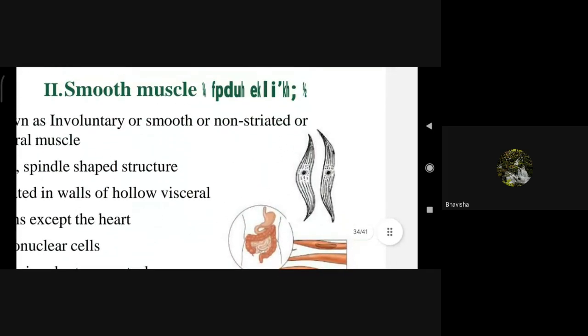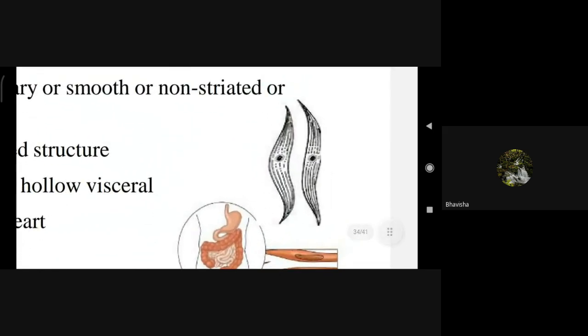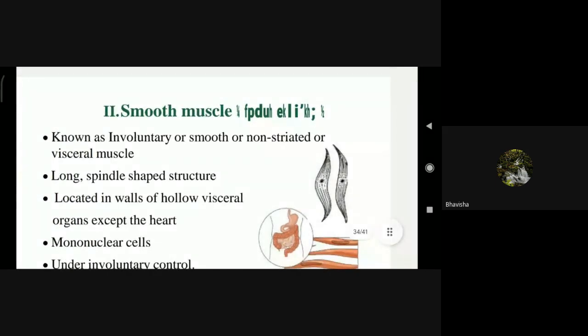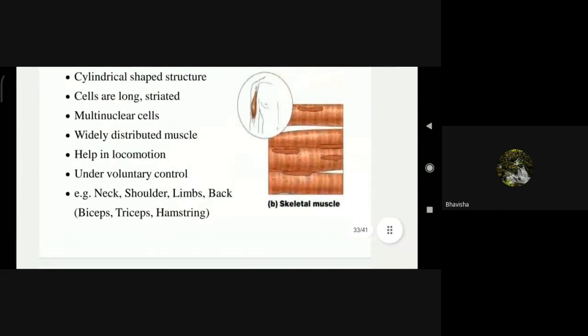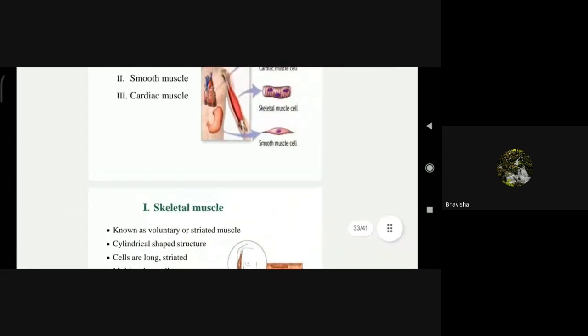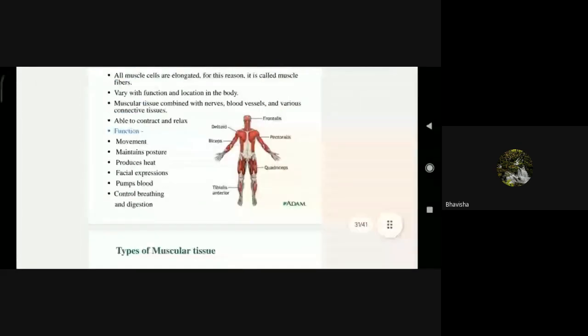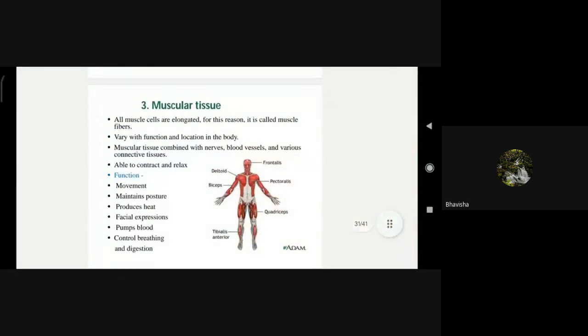These are the two muscle fibers. Both end parts of a muscle fiber are narrower and the middle is wider. That is called spindle shape. So each muscle fiber is spindle shaped and elongated. That is why it is known as muscle fiber.